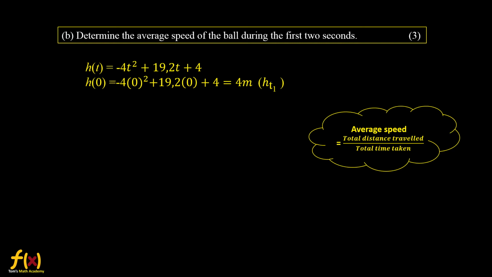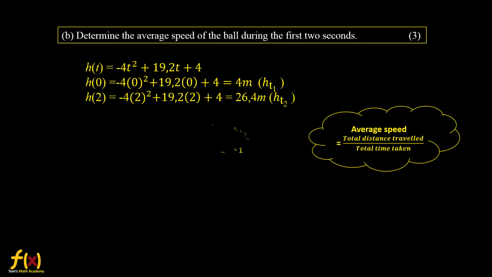Now, what is the distance after 2 seconds? The time is 2 seconds. We substitute 2 in the place of t and we calculate using the calculator. We get 26,4 meters. That's the distance of the ball after 2 seconds.